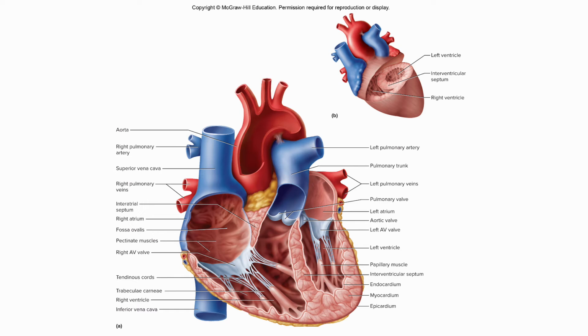The interventricular septum, the wall between the right and left ventricle, is really more functionally part of the left ventricle. The left ventricle has the thicker myocardial layer, the muscle layer, and the left ventricle generates a whole lot more pressure than the right ventricle does. If you think about the left ventricle, it has to generate pressure to push blood all the way to the tip of your toes.